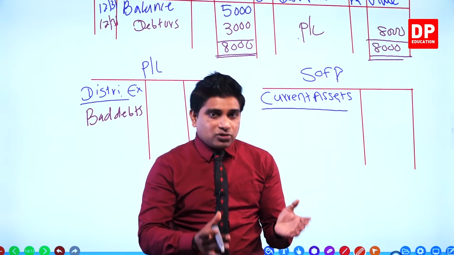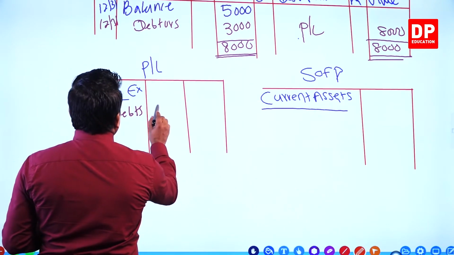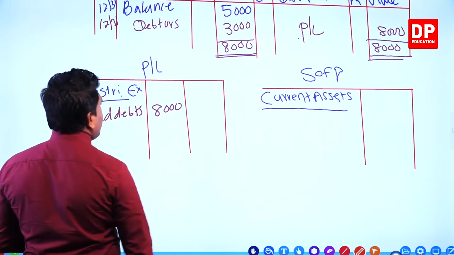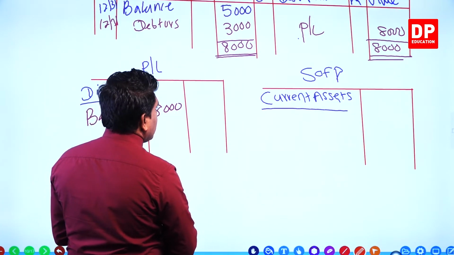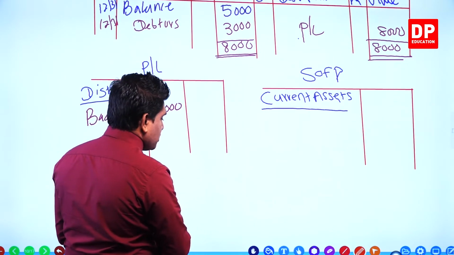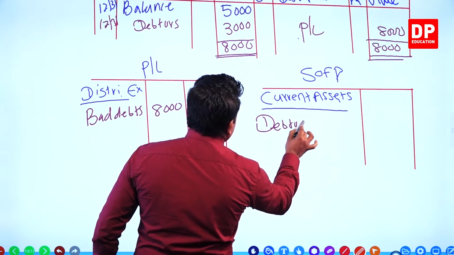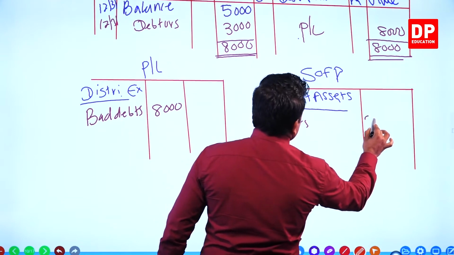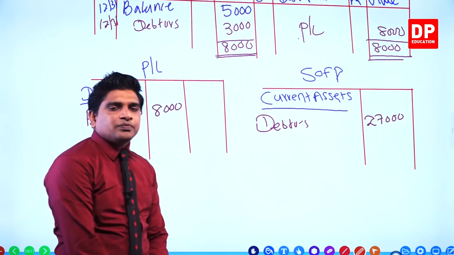The total bad debts loss for the year is 8,000. So you write here not only 3,000, but the total bad debts. But from the debtors we can subtract only the bad debts amount given under the additional information. So you write here debtors, how much? 27,000. This is the way.